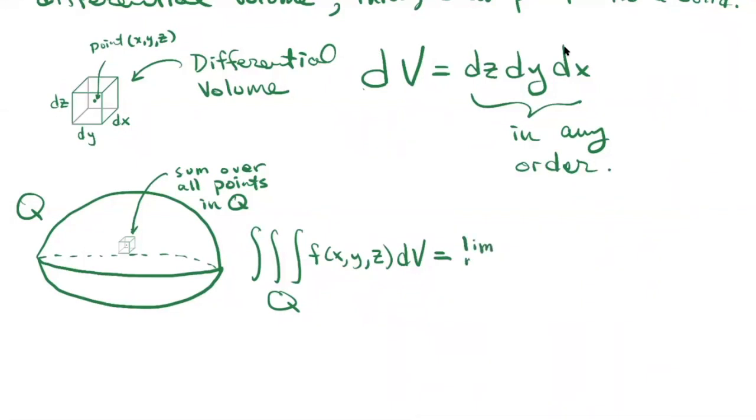So I'm going to have m going to infinity, n going to infinity, and p going to infinity with a triple sum, where I'm evaluating f of x, y, z at some random point, and it'll be dV, or delta V, I guess I should say.